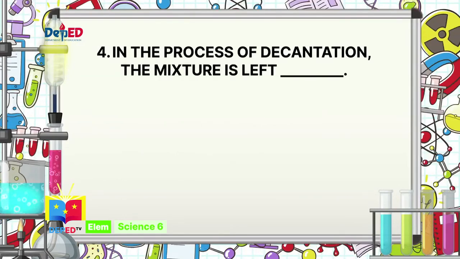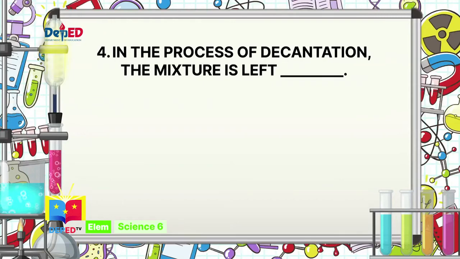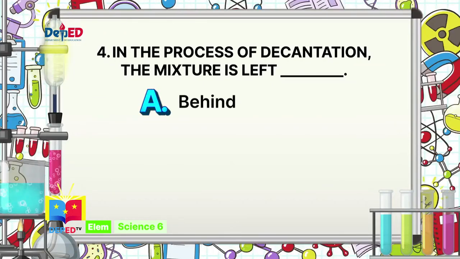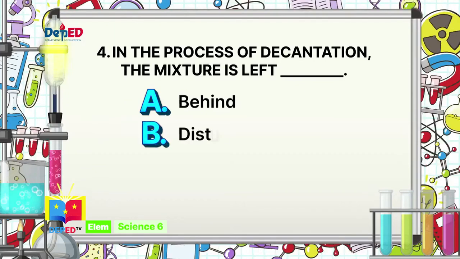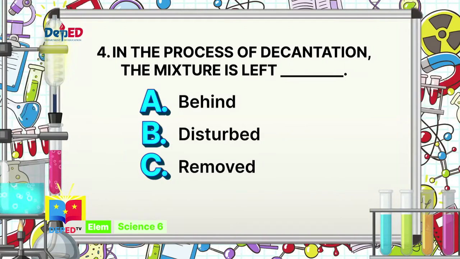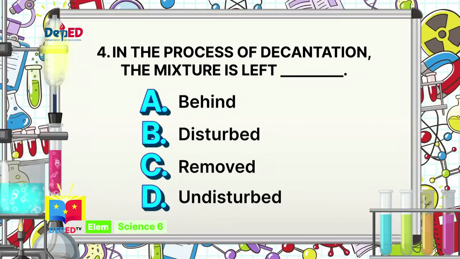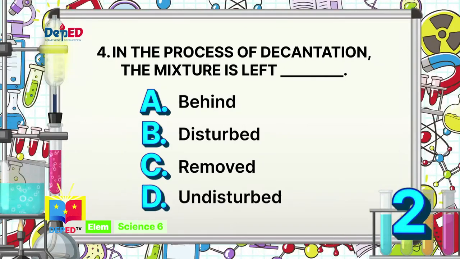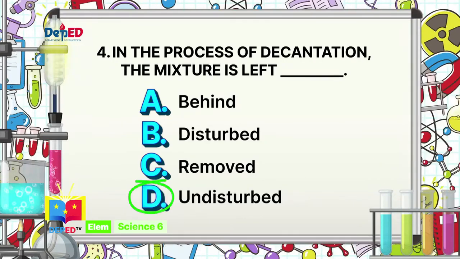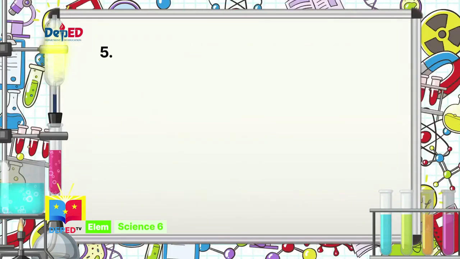Number 4. In the process of decantation, the mixture is left blank. A. Behind. B. Disturbed. C. Removed. D. Undisturbed. The correct answer is D. Undisturbed.